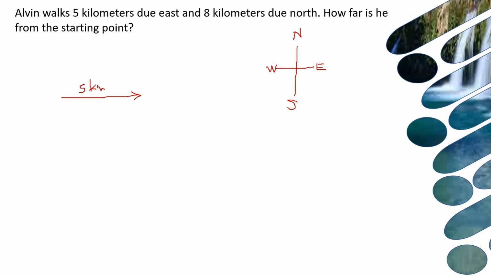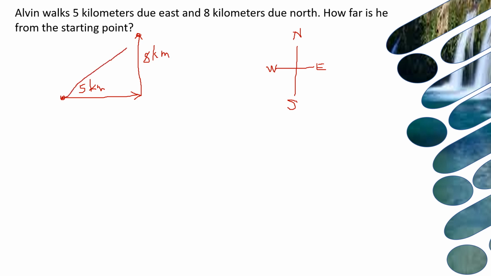Then he turns 8 kilometers due north. Another arrow going north, which is 8 kilometers. Then if he is from here, from his starting point, and he is now here on his terminal point, how far is he now from the starting point?